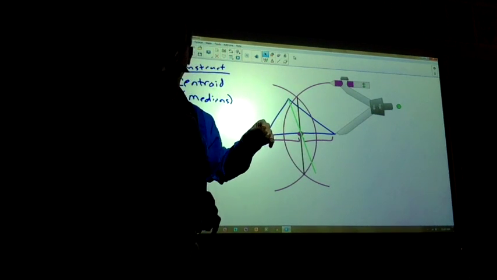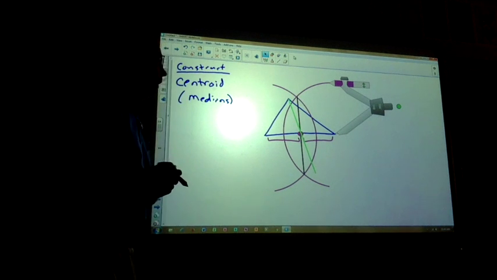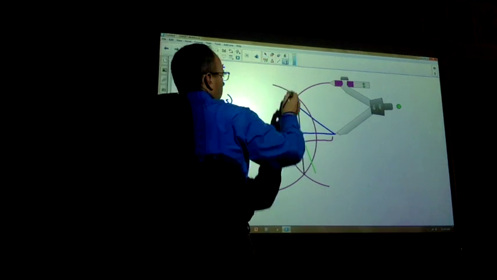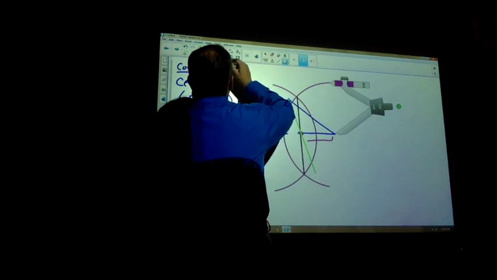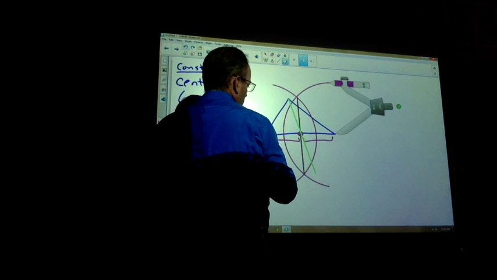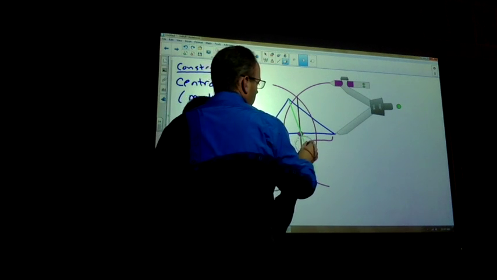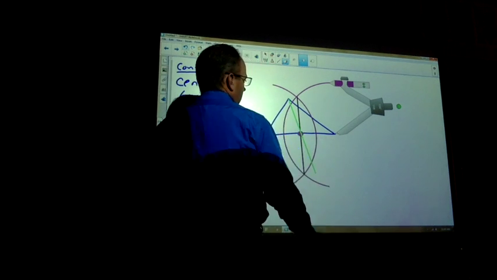Now we're going to duplicate this more. So here's the nasty thing about the constructions. I would say you need to get rid of some of your stuff, whatever you can get rid of that you don't need.